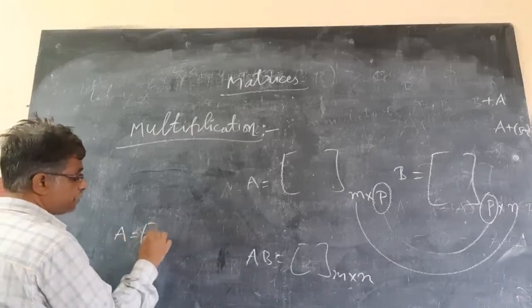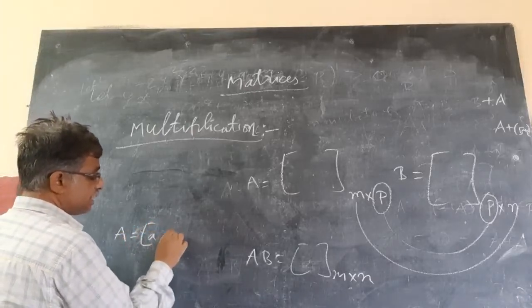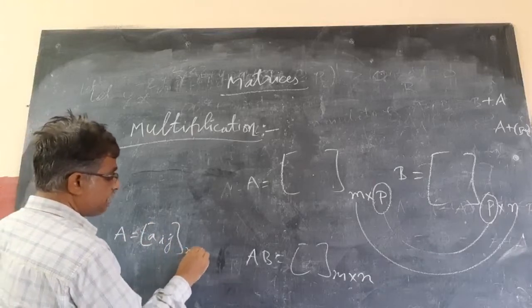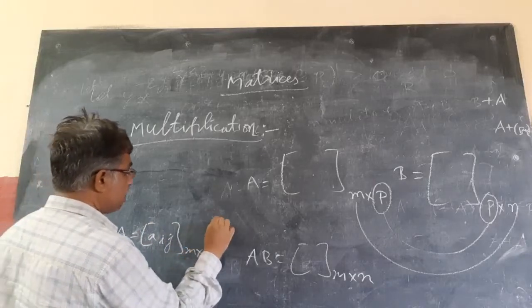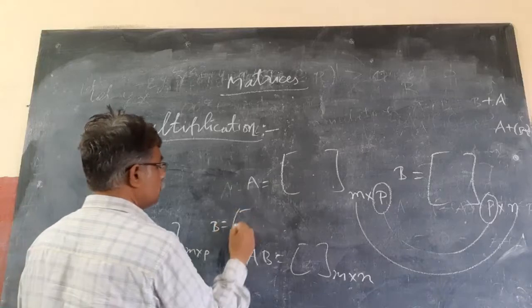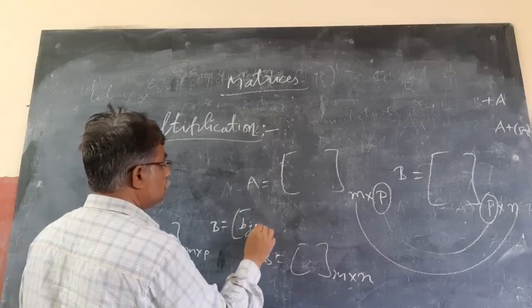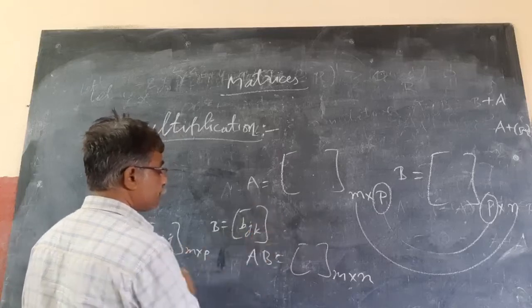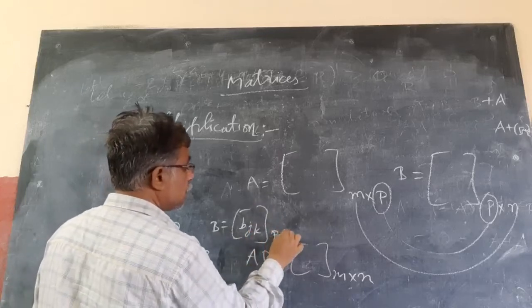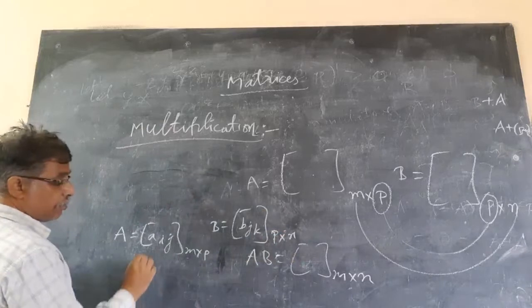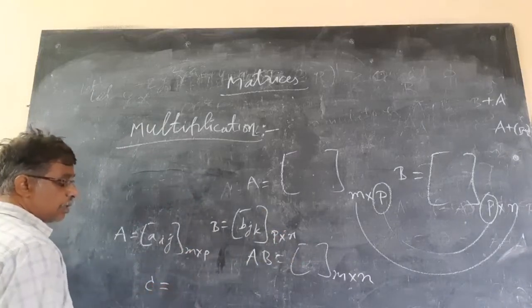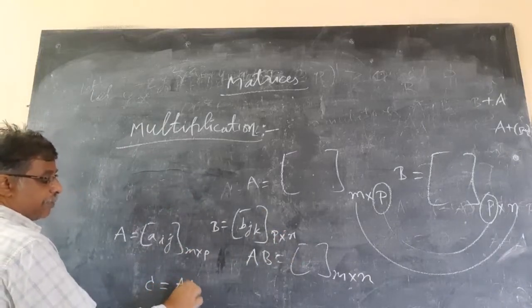Let A equal A of ij of size m by p, and B equal B of jk of size p by n. Then the multiplication of the two, C, is equal to AB.